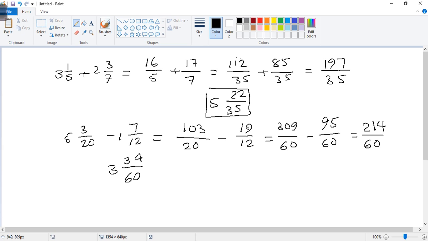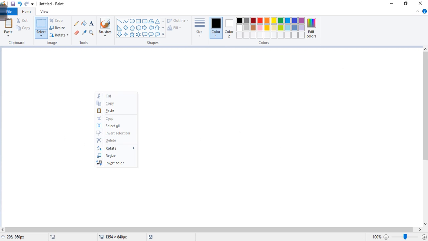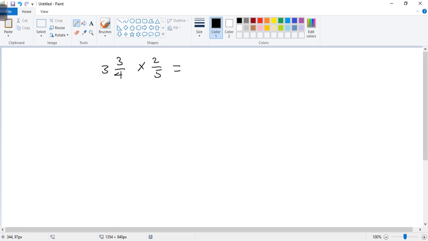Now if we go for multiplying, it will be like this: 3 and 3 over 4 times 2 over 5. To perform the multiplication, we have to convert the first fraction to an improper fraction. 3 times 4, 12, plus 3, 15 over 4, times 2 over 5.